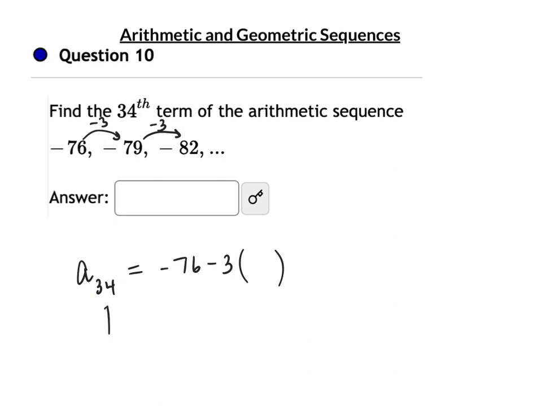To get to the 34th term from the first term, I only have to move 33 places. I have to subtract 3 33 times because I'm starting at the first term. Putting that in the calculator, we get negative 175. The 34th term in this list would be negative 175.